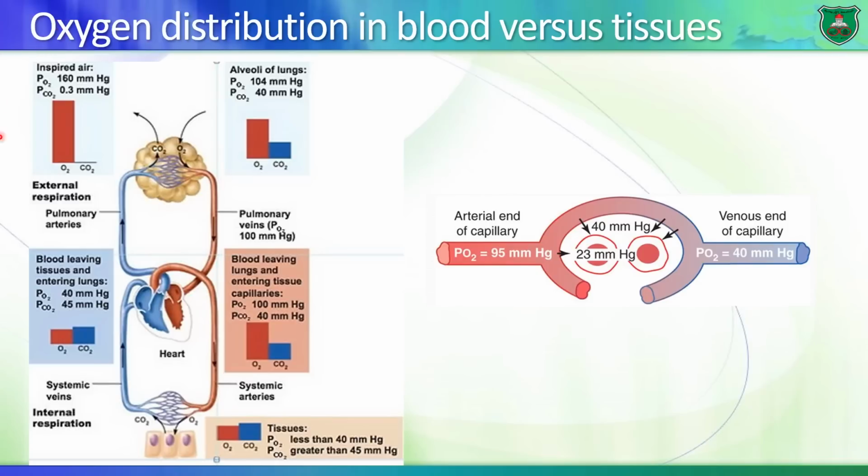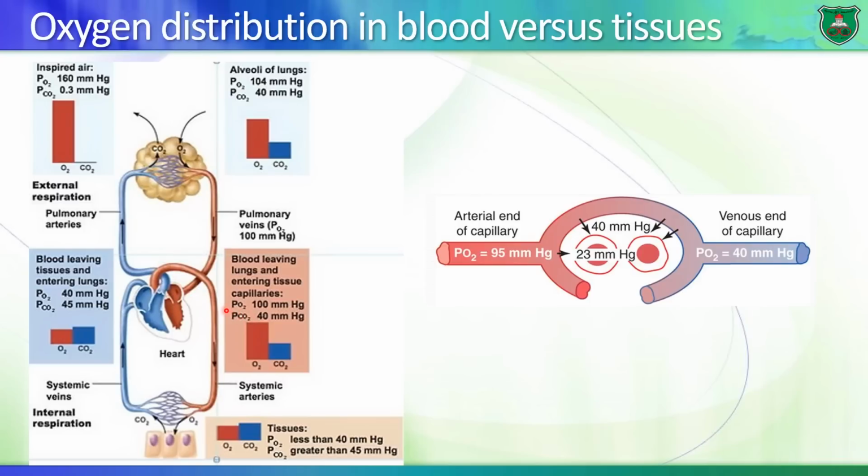In inspired air, of course, there's a lot of oxygen relative to carbon dioxide. In the alveoli of the lungs, the level of oxygen is still high, about 104 torr, and CO2 is about 40 torr. As blood leaves the lungs, the level of oxygen is 100 torr. This is what we mean when we say that hemoglobin is saturated with oxygen.